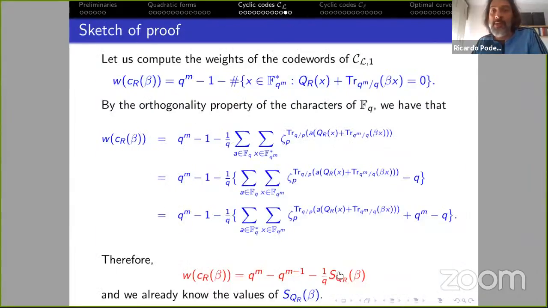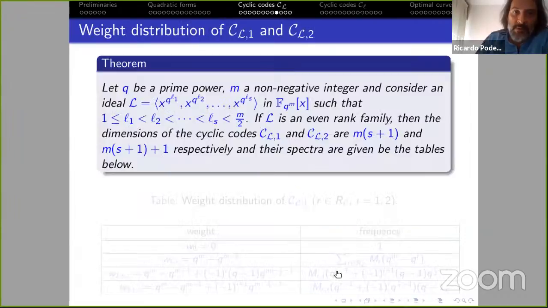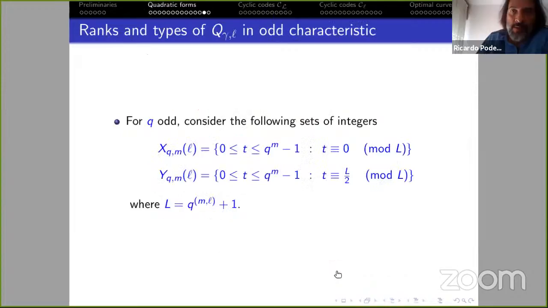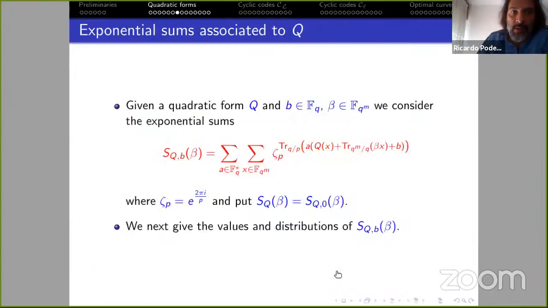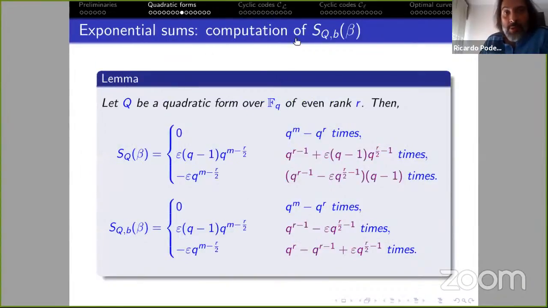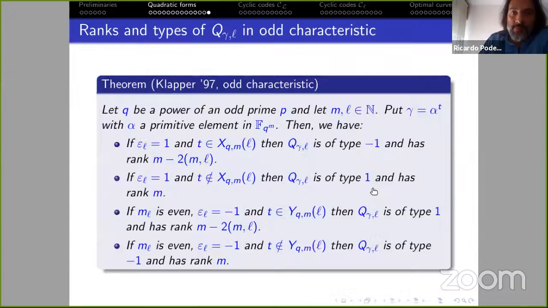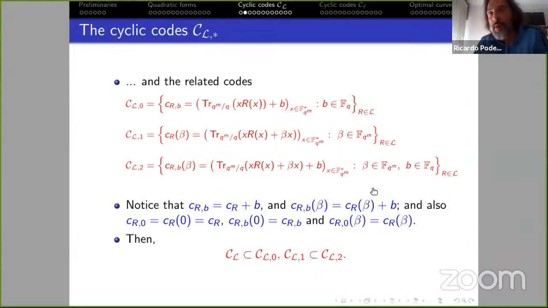And also we have the distribution. If you let me go back for a while, sorry. You have here the distribution of these exponential sums, the values and the distribution. So we get the tables with a little more work.